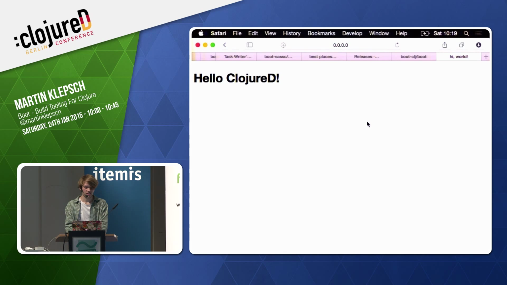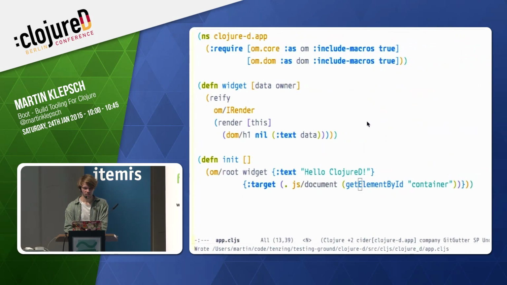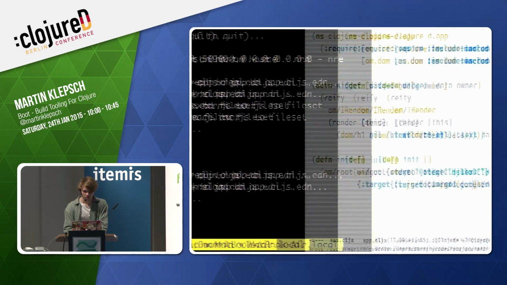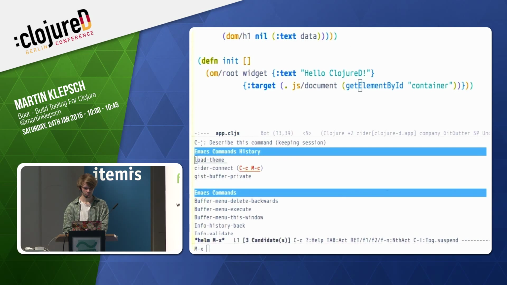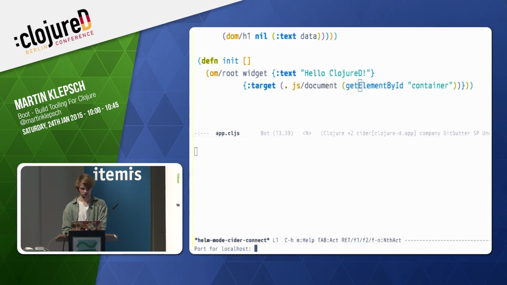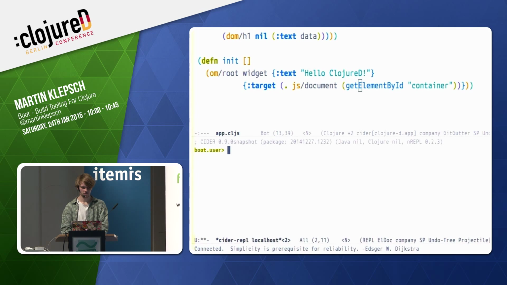So another thing that just comes for free with the boot tasks we used is a REPL. So here we see an nREPL server has been started on port 56960. So let's connect to that one. 56960, I hope that was correct. All right, so now we're connected.